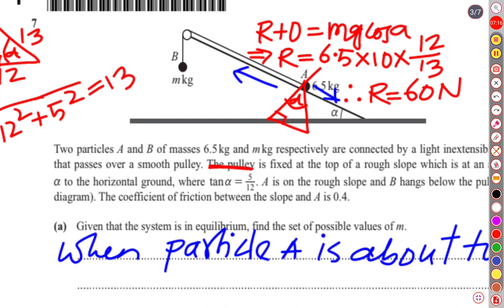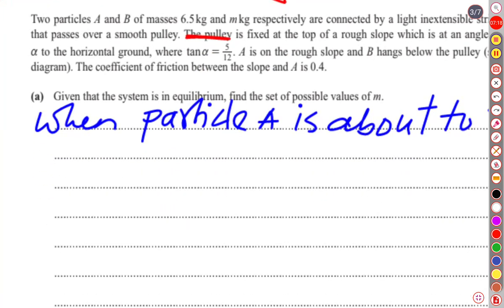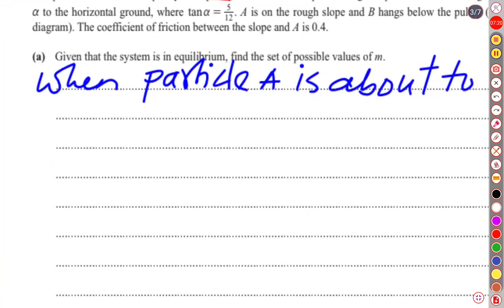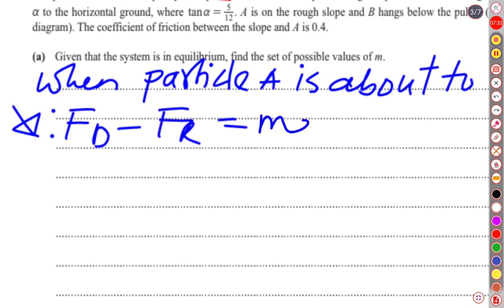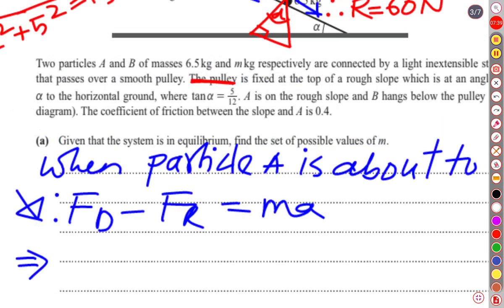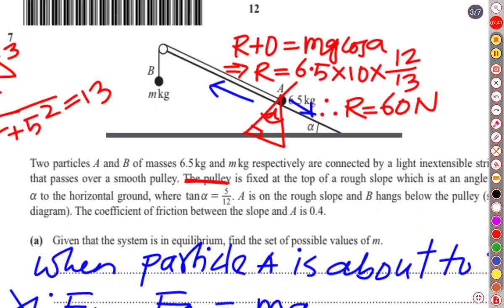So let us write the concept we are going to apply, the motion law of Newton. When the particle is about to slide down, it is driving force minus resistance force is equal to mass into acceleration. Driving force, as we have already seen, there is only one force which is causing the particle to slide down.